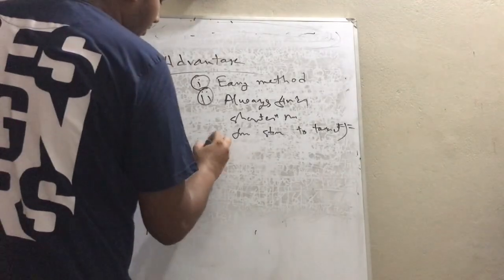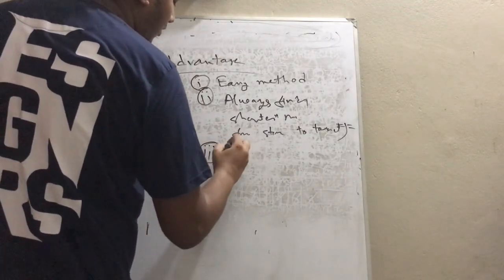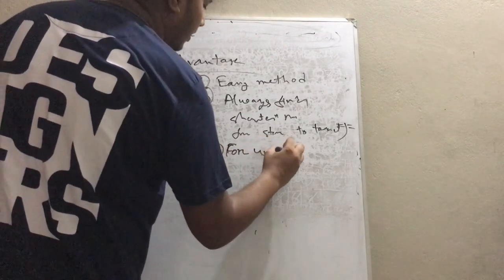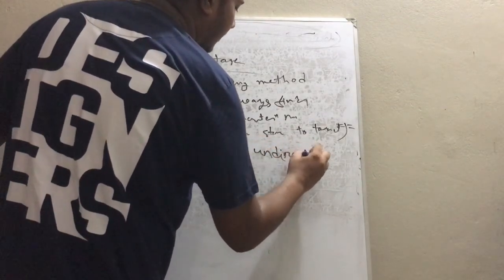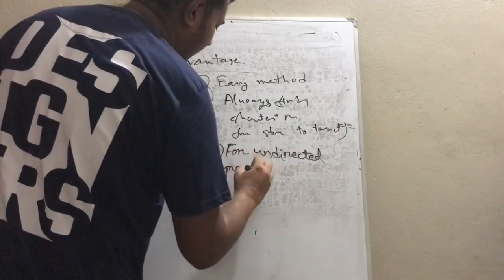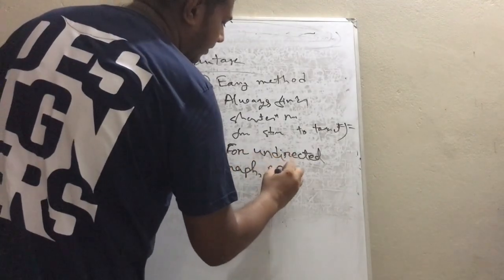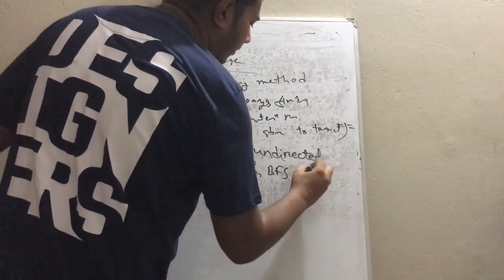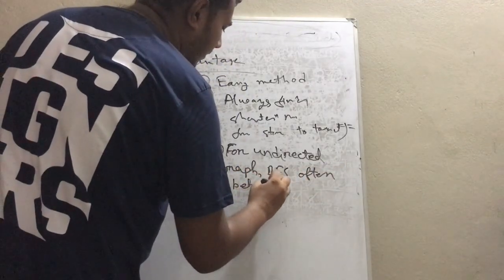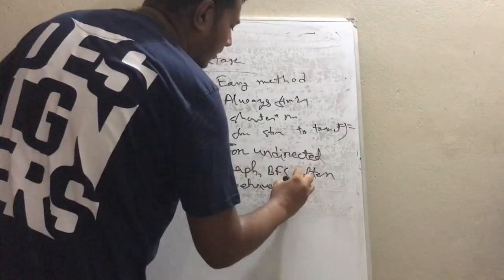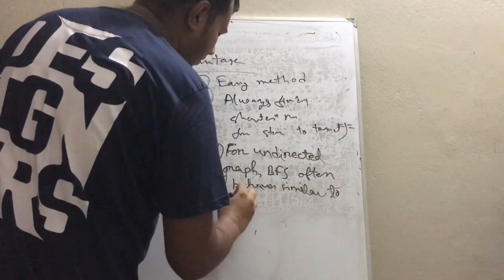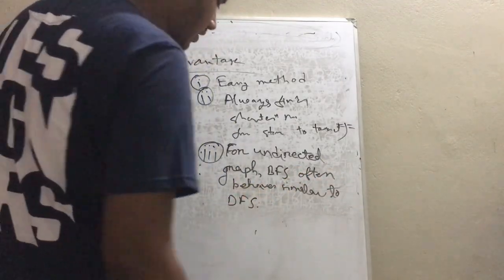Number three, for an undirected graph, BFS often behaves similar to DFS, or depth first search.